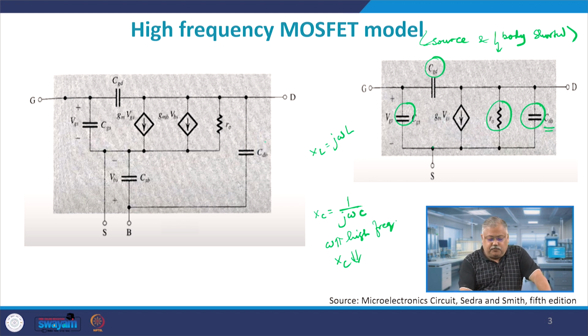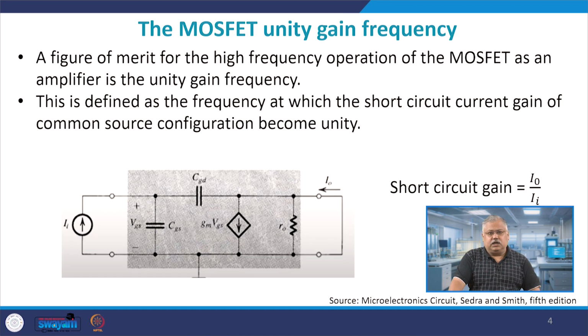Quite interestingly, I have removed GMB VBS, because if bulk and source are shorted, then the value of VBS will be equal to 0, and therefore GMB VBS will have no contribution in the overall current in the device, and that is the reason this current source has been removed in the subsequent diagram here.